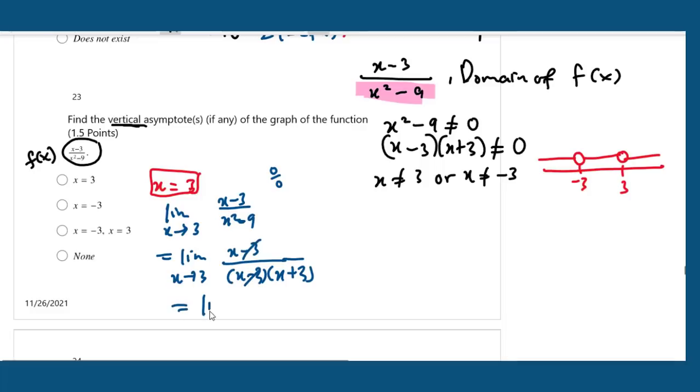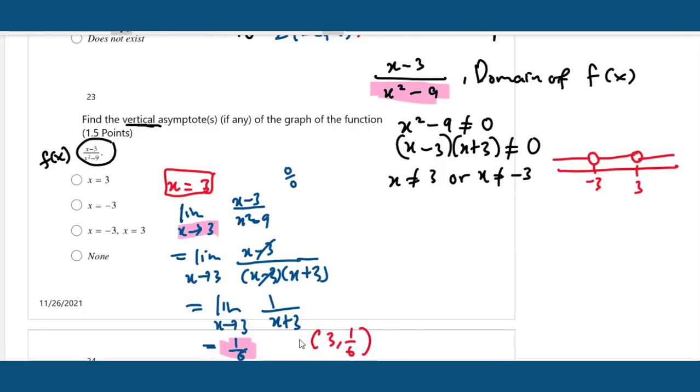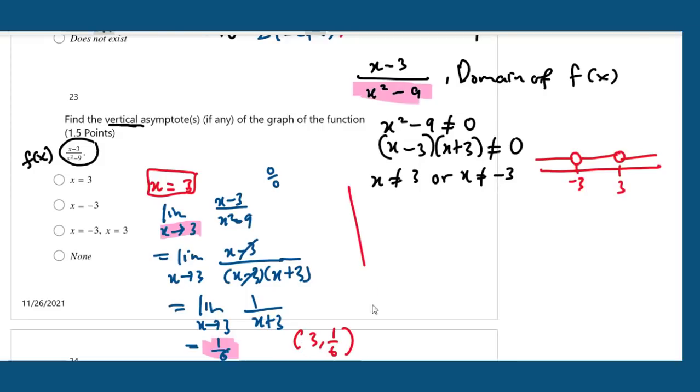Then the answer is the limit as x approaches 3 of 1 over (x plus 3), and substitute. Get 1 over 6. So when x is equal to 3, y is equal to 1 over 6, and this is considered just a point, not a vertical asymptote.